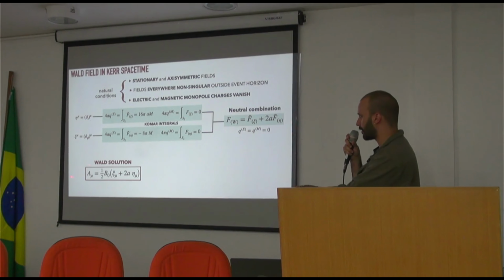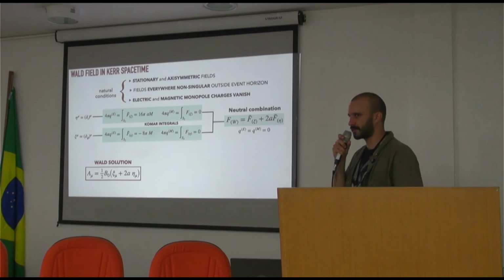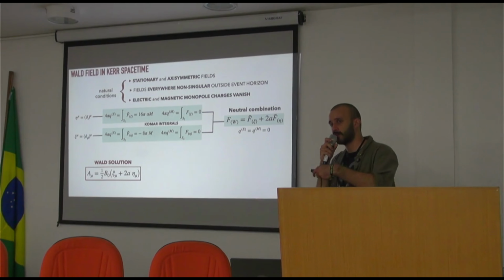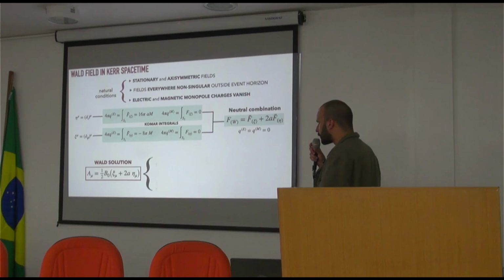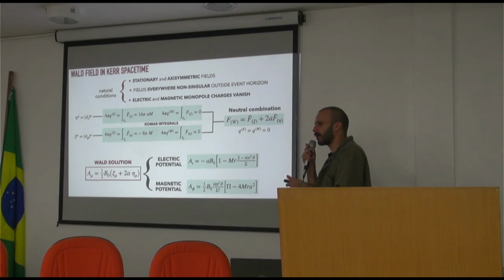Because if you look at the gauge potential, this is a rather simple expression. Of course, in order to derive the fields, you have to take covariant derivatives, and those expressions are not so pleasant, but we can still understand what is going on by looking at the potentials.